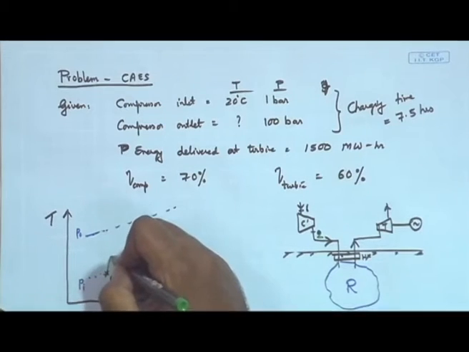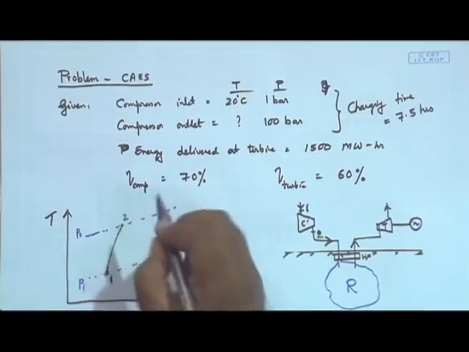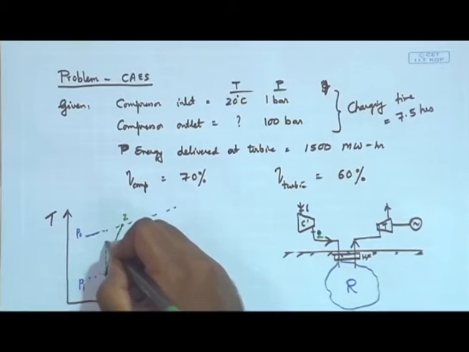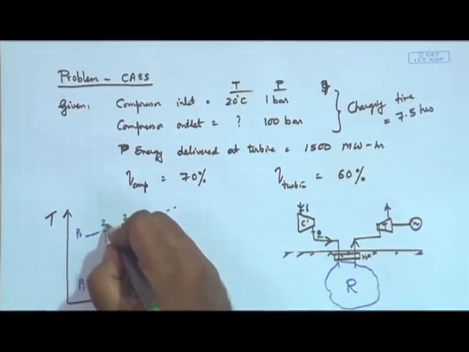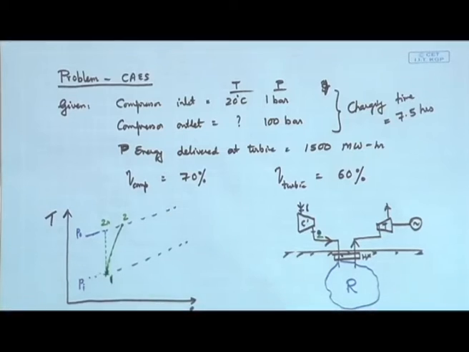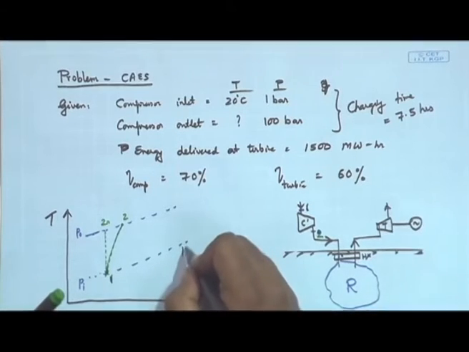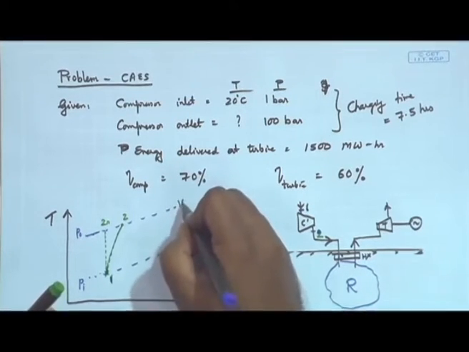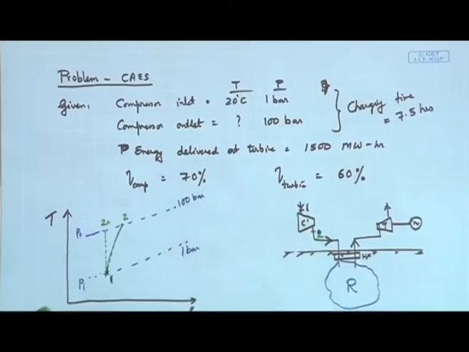So, this is my 1 to 2, and if it were isentropic I would have landed at 2s, but since the compressor is not isentropic, I will end up somewhere at 2. This pressure is 1 bar, and this pressure is 100 bar.